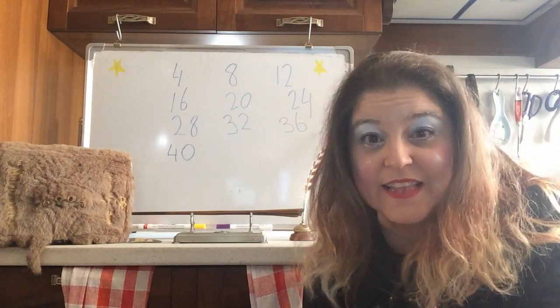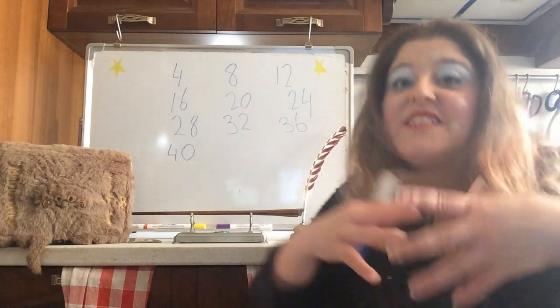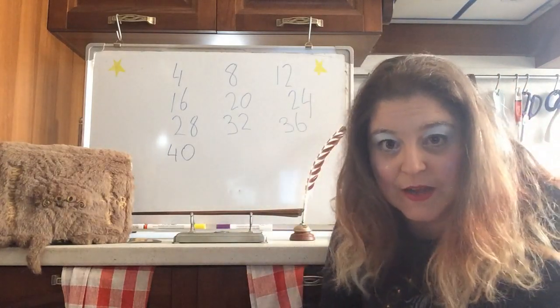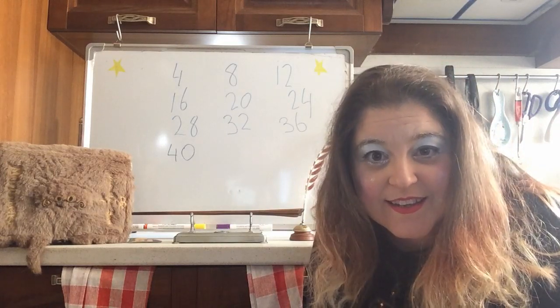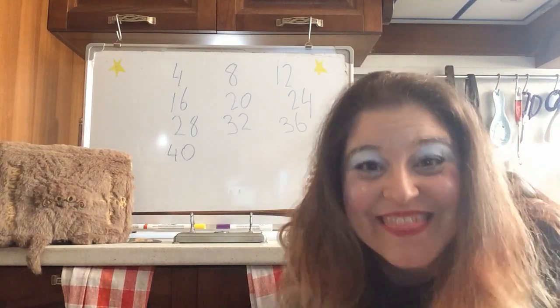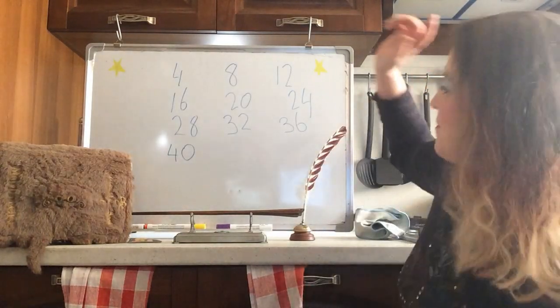Remember, you can say the multiples of 2 just the way we were doing. Some of them soft and some of them loud to help you work them out. You finished? That's fabulous! Okay, here we go.